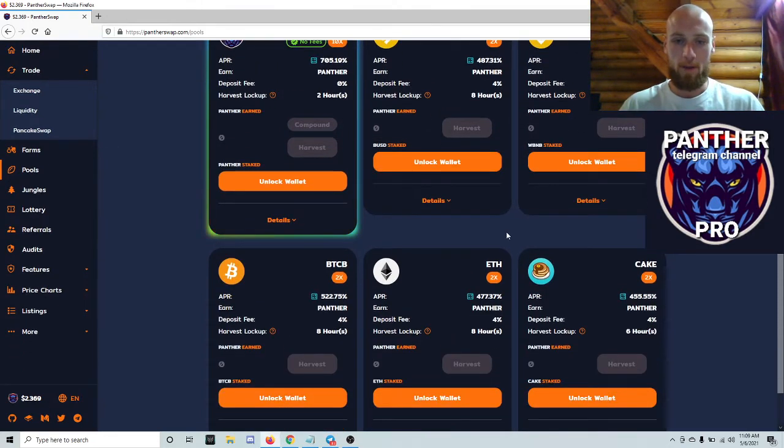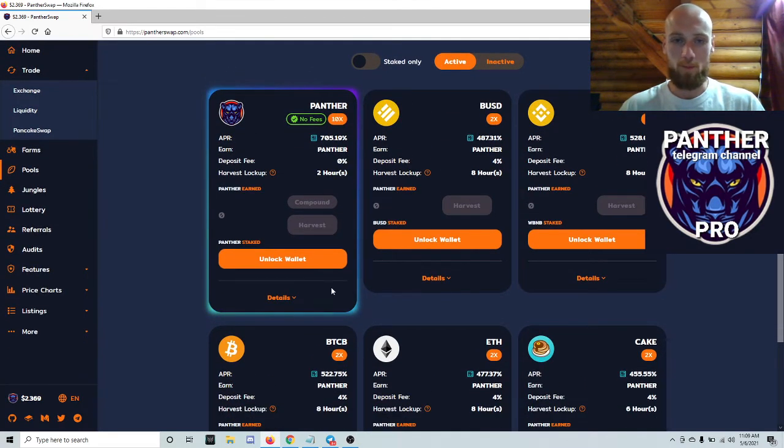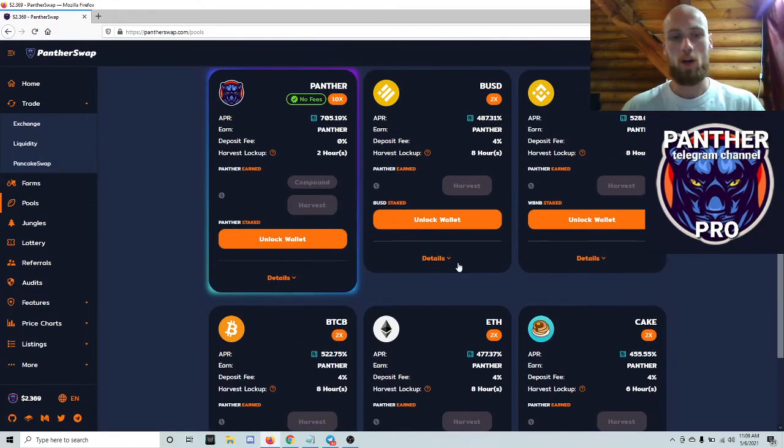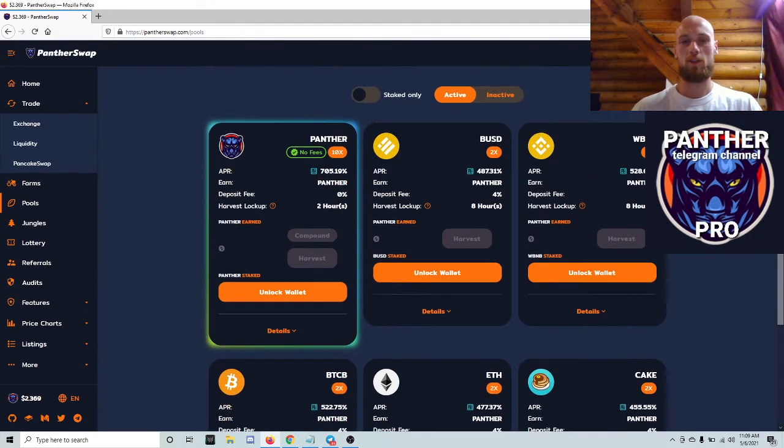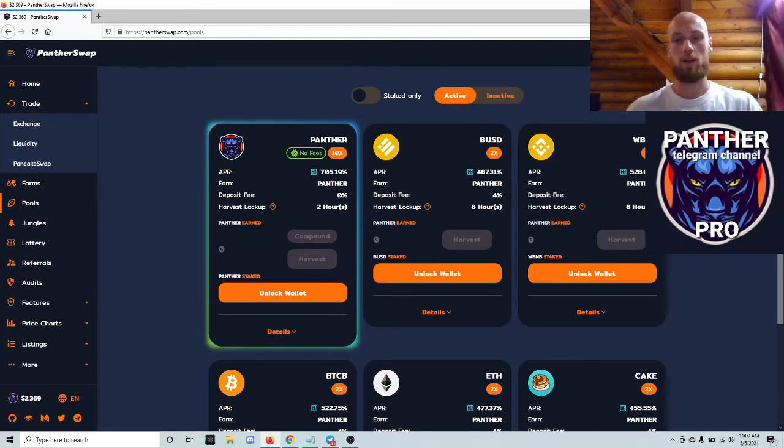you want to make. Now, the rewards, it doesn't matter what you stake. You could stake Ethereum, Cake, all of these options. You're always going to get paid out in Panther. That's one of the reasons why the APR is also so high. Because although you can manage your risk greatly when it comes to whether you believe in Panther or not, you can still use this protocol and not believe in Panther and still maintain a very low level of risk.